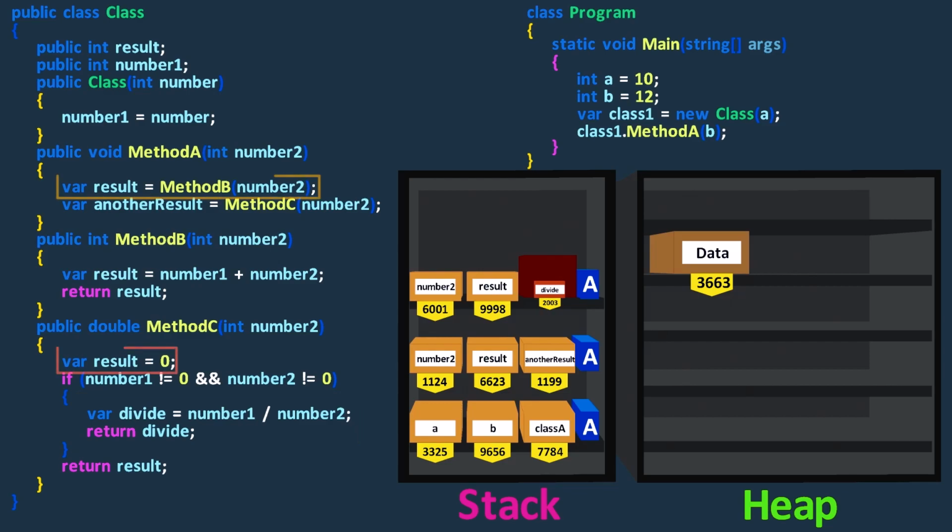Alright, in both method A and method C, we declared two variables called result, which are completely separate and independent. Even though both variables have method level scope, we don't encounter any errors. This is because each variable has its own stack frame which acts like a separate container for them.